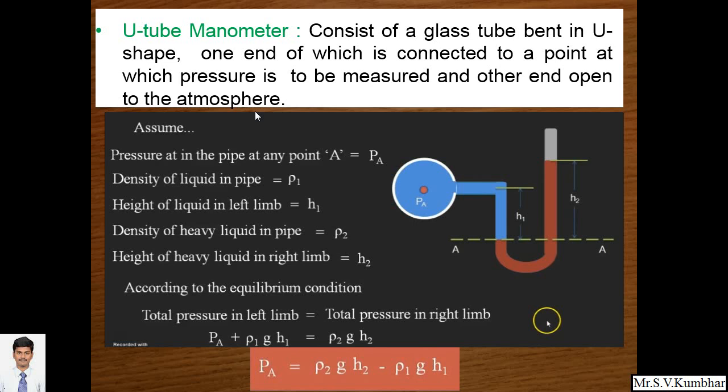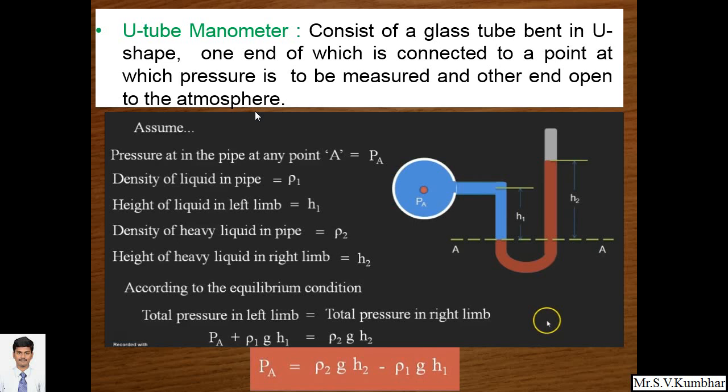So PA plus rho 1 GH1, that is the total pressure in left limb, and total pressure in right limb above AA is equal to rho 2 GH2. So PA, that is pressure at center of pipe, is equal to rho 2 GH2 minus rho 1 GH1. This is the positive pressure measurement, that is positive gauge pressure.